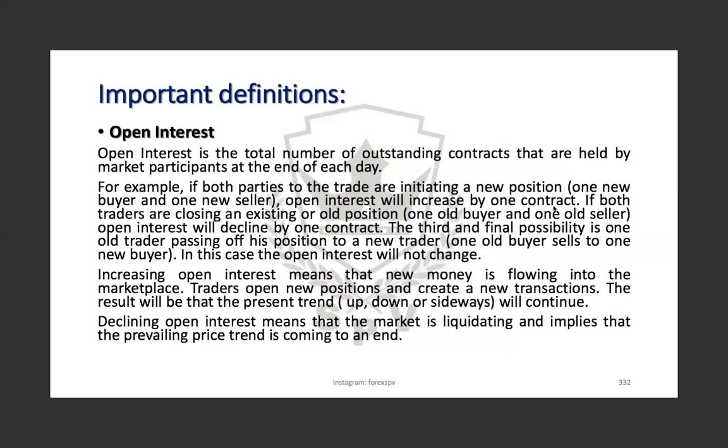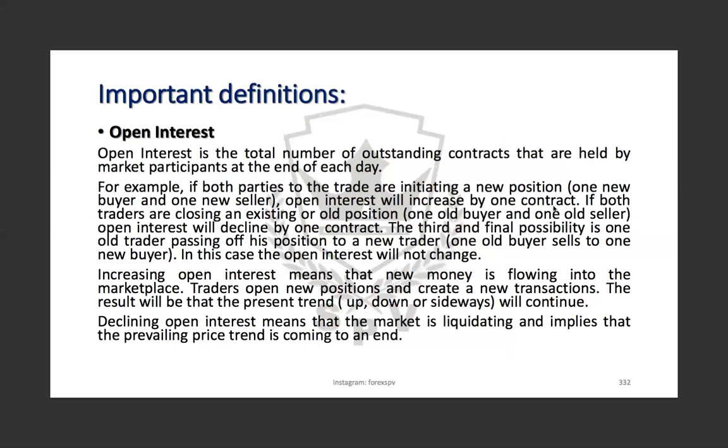So if you see an increase in open interest, that means new money is coming into the marketplace. This simply means traders are opening new positions, new transactions are created. The result will be that the present trend, whether up, down or sideways, will continue.